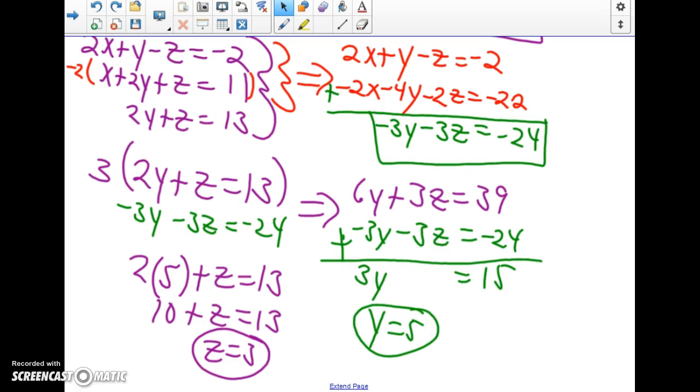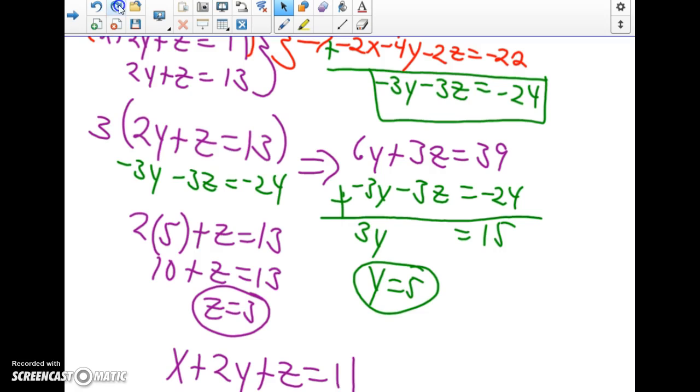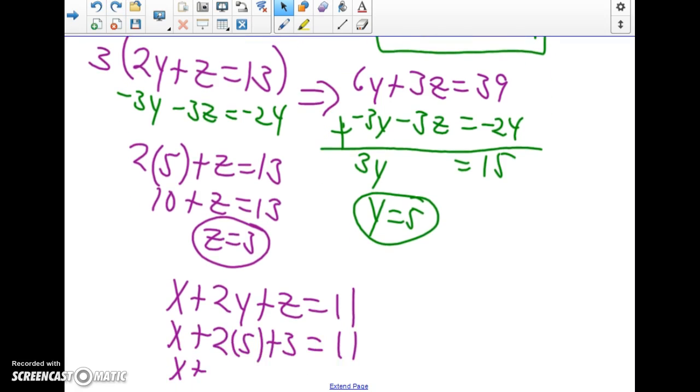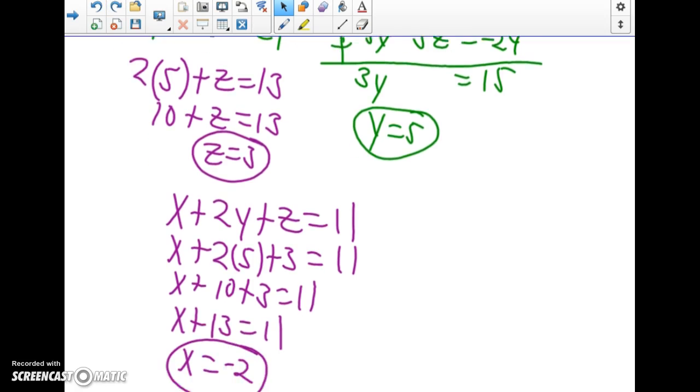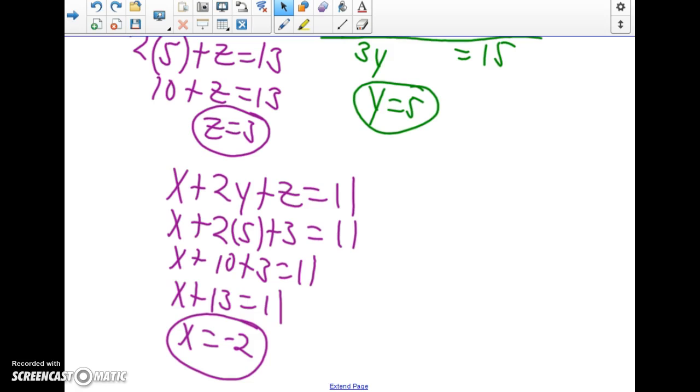Okay, so now we're going to take these two values and put this into one of the original equations, like this, and solve for x. There you go. There's that. Okay, and so now you can see your answer. Here we are, the ordered triple. We got the answer, 2, 5, and 3. They all good there?